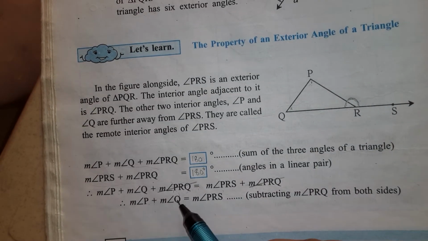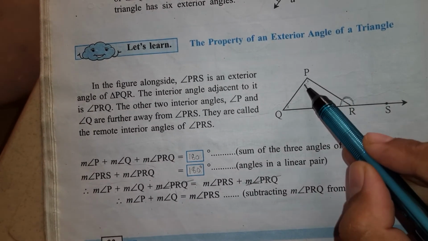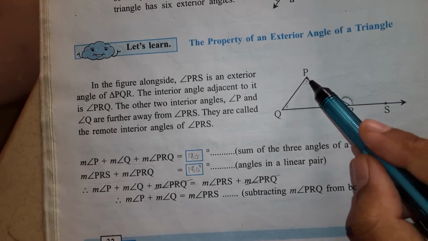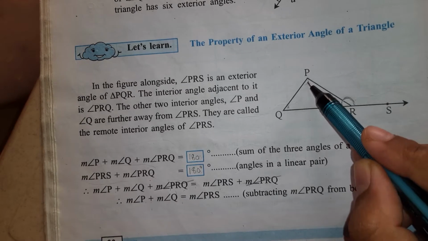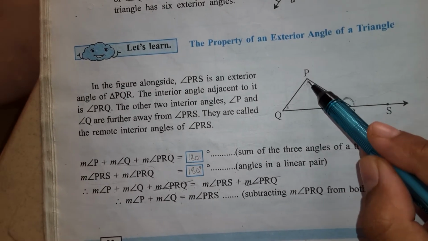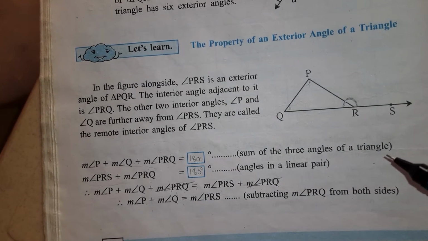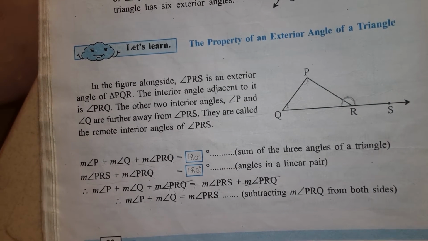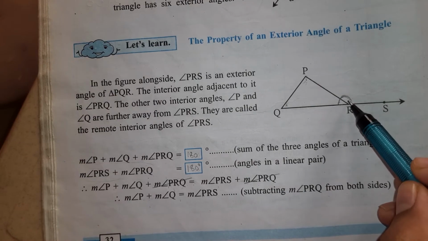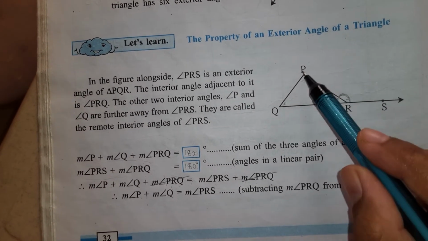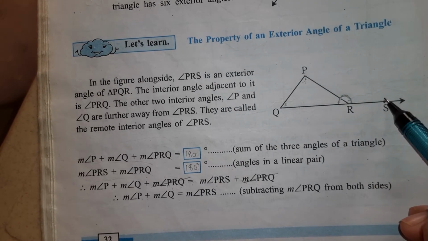P plus Q means addition of these two angles इक्वल टू मेजर एंगल PRS. इन दो एंगल्स का एडिशन कितना आया? मेजर ऑफ एक्सटीरियर एंगल. So what property we learn from this? That the measure of the exterior angle, this is exterior angle PRS.